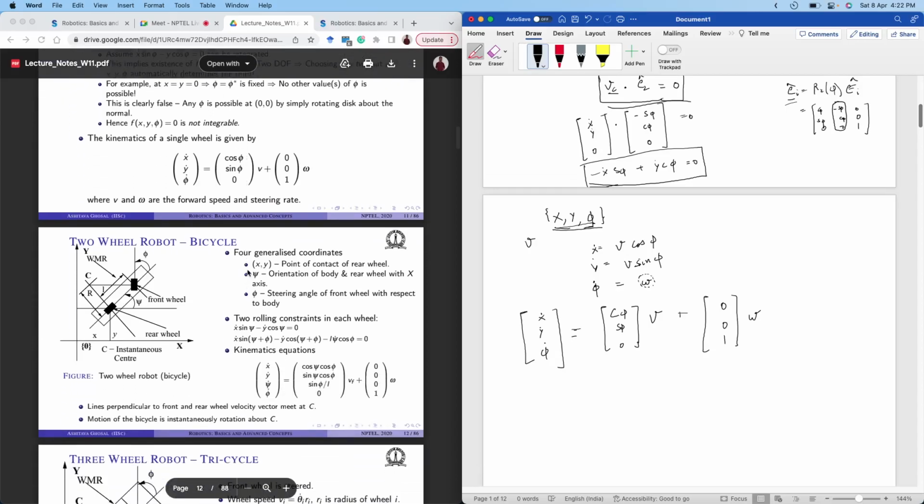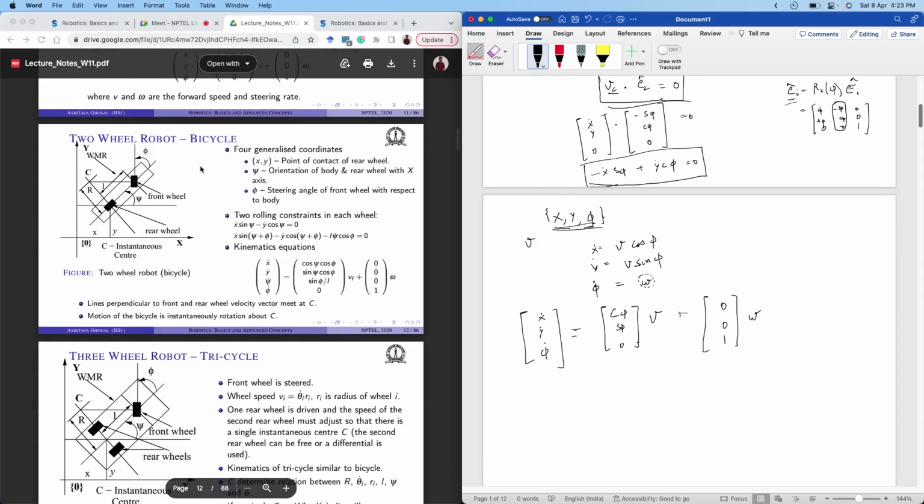Okay, and then the lecture has progressed towards the two-wheel robot or the bicycle model. So this is a very useful model, and it has been used extensively in autonomous vehicle literature. Even the cars, the four-wheeled cars, are approximated by this bicycle model to keep the model simple. Okay, and again, this front wheel is used for steering, and this back wheel is used to generate velocity.